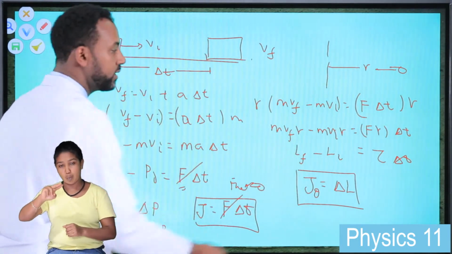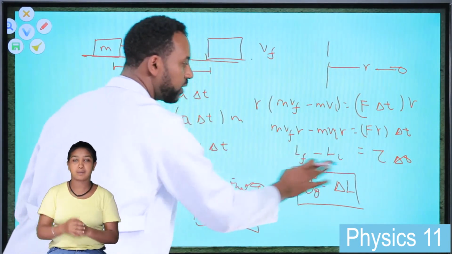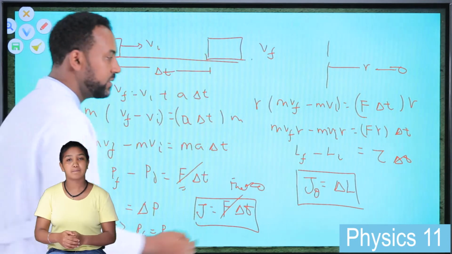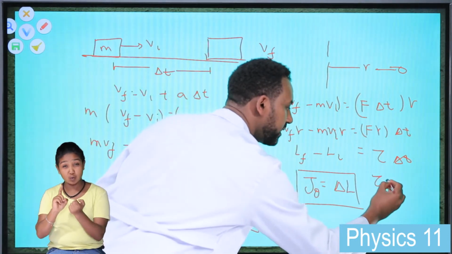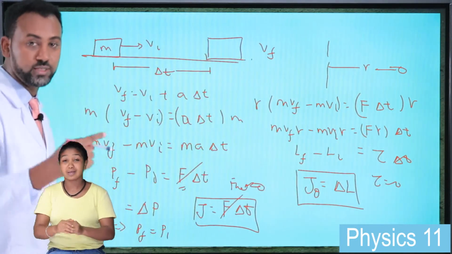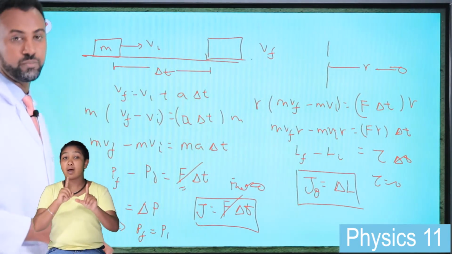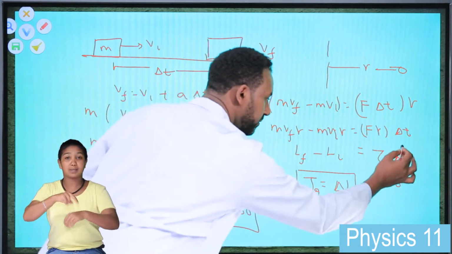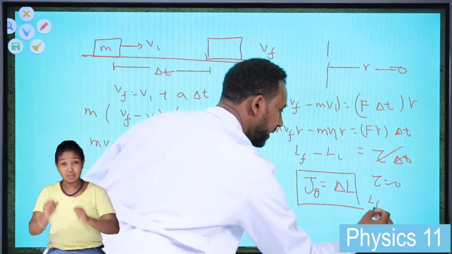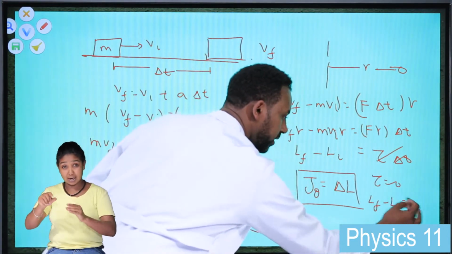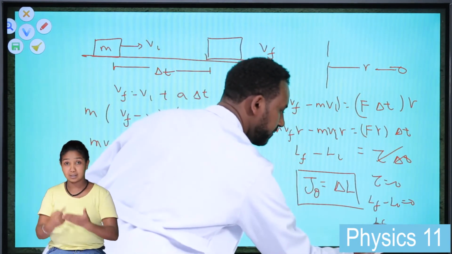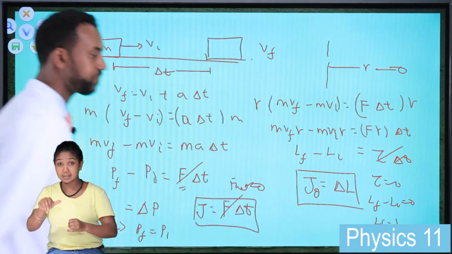Well, if there is a net torque, the angular momentum changes. But if the net torque exerted on a given rotating body is 0, the angular momentum remains constant. Meaning, if this is 0, L final minus L initial is 0. When you translate this, L final is the same as L initial.